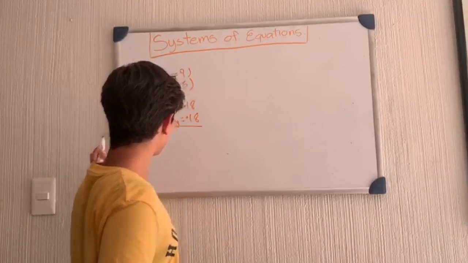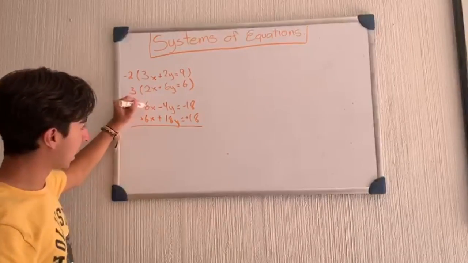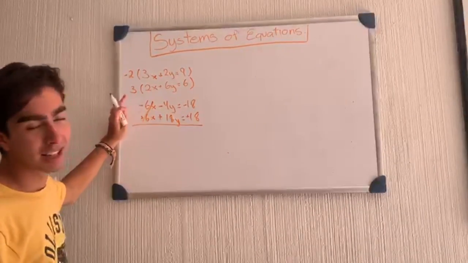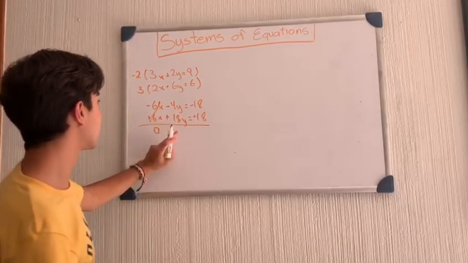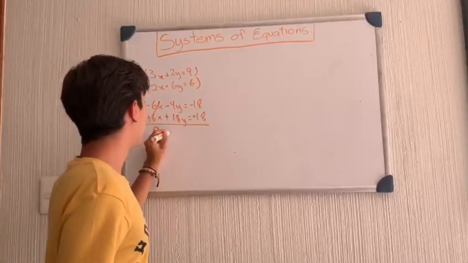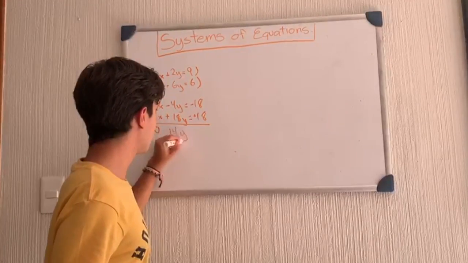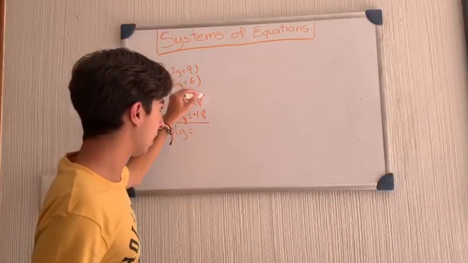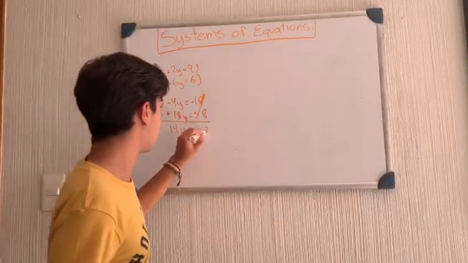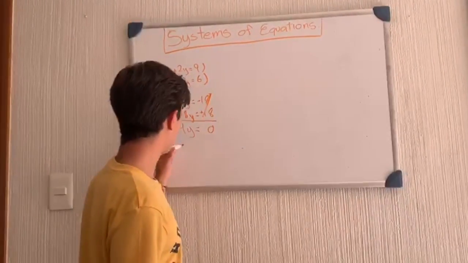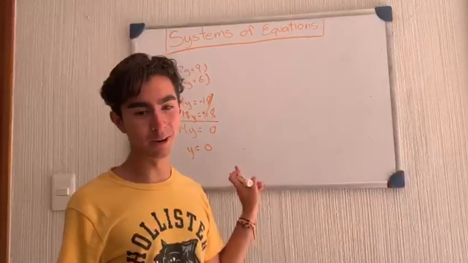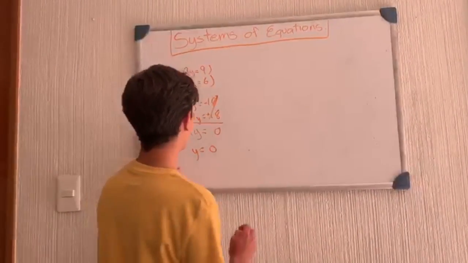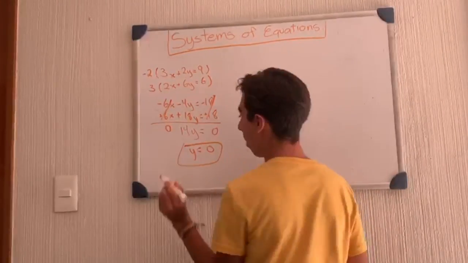So this gets eliminated because minus 6 plus 6 is 0, and then this will be 14y, and this also gets eliminated, so it will be 0. So y is 0.